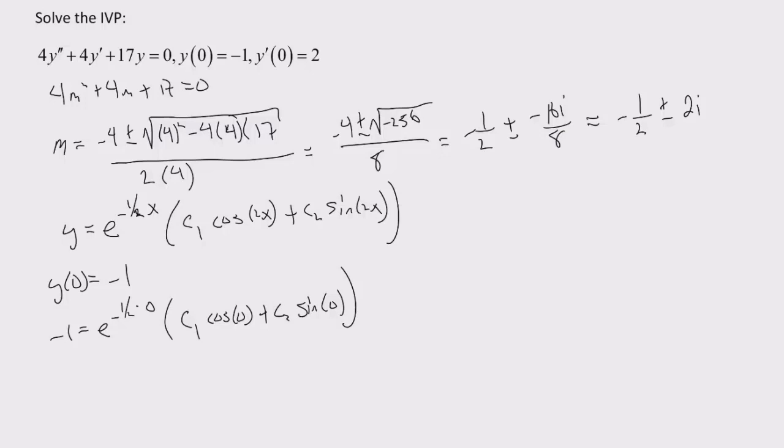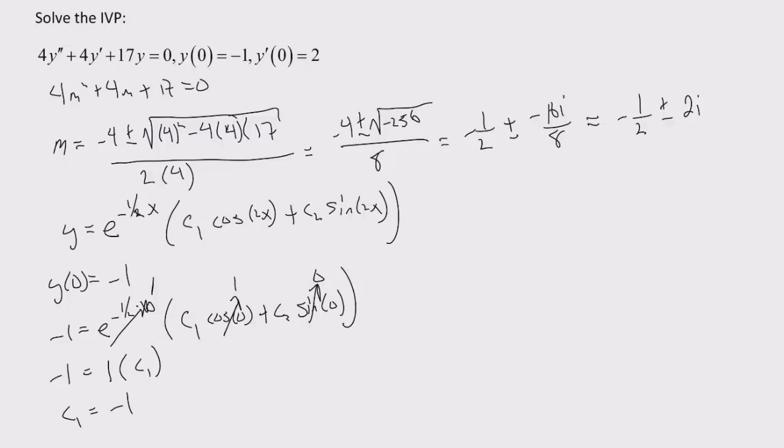Okay, so a lot of these are going to zero out. This piece right here, e to the -1/2 times 0, that's just 1. So we get -1 equals 1 times, cosine of 0 is 1, sine of 0 is 0, so that just gives me C1. Okay, so I now know C1 is equal to -1. Hooray.